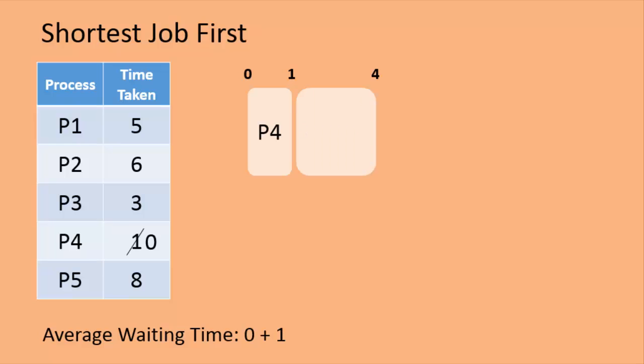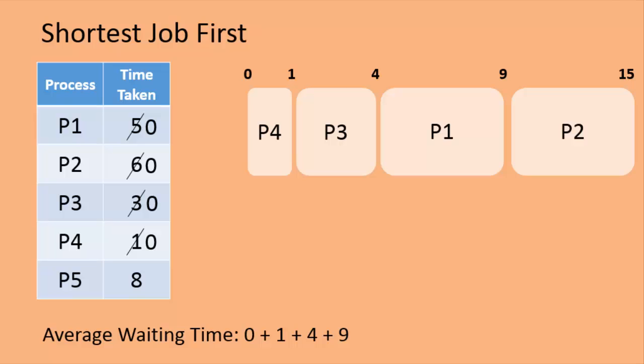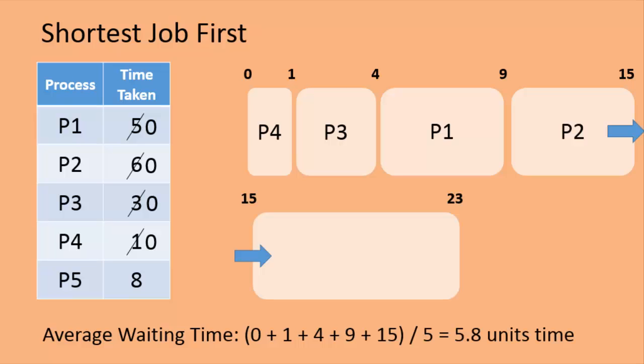Then P3 is the next shortest, followed by P1, which is 5 units time, P2, 6 units time, lastly P5, 8 units time. Total average waiting time will be 5.8 units time, as shown below.